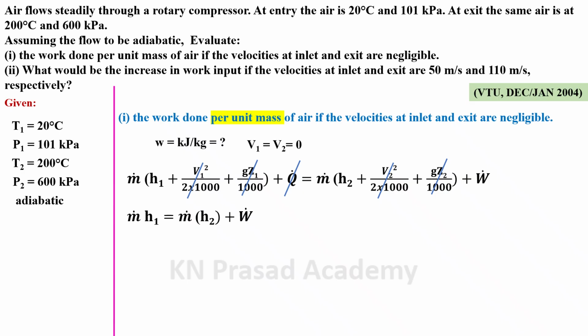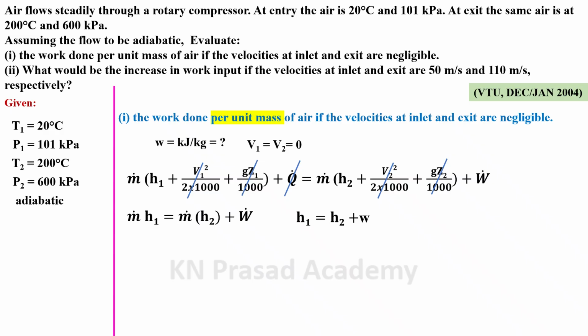Then we have to divide it by the mass flow rate m, so m will get cancelled. So W by m, let's consider the small w. Then this steady flow energy equation will become h1 equal to h2 plus w.